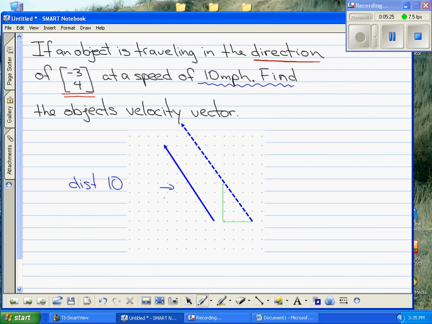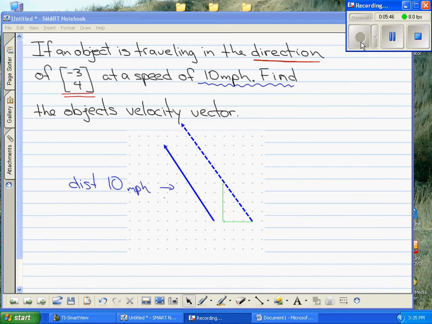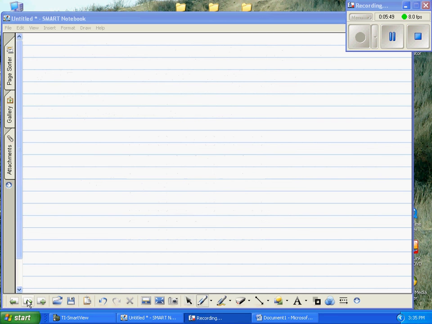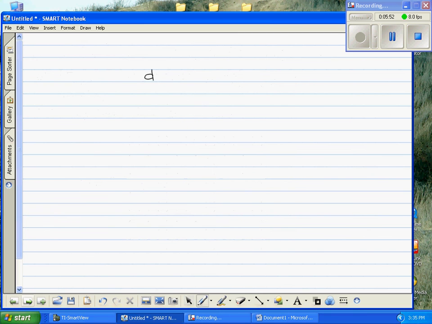Now notice that my directional vector and my velocity vector are parallel. So I will be using the parallel equation to find my velocity vector. If I remember correctly, if vector D is parallel to vector V, then there exists some number k such that vector V will equal k times vector D. The first thing I'm going to do is write everything in component form.